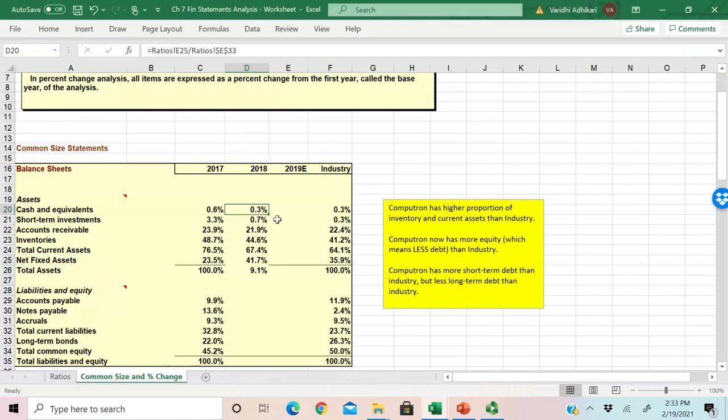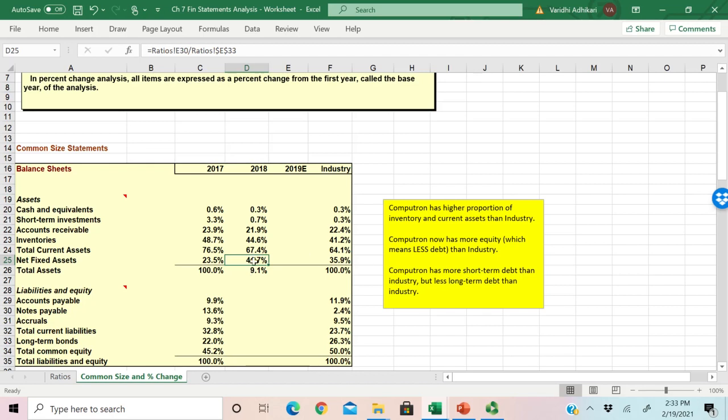So we're going to put the $ sign here. However, we're going to drag it down just to the right place, to total current assets, because up to here they're the same. However, for the net fixed assets, let's do it separately.